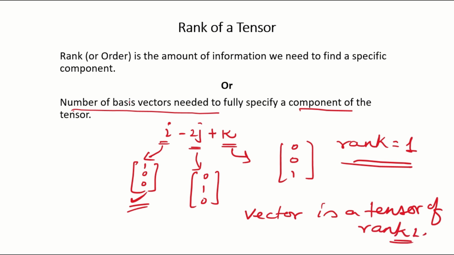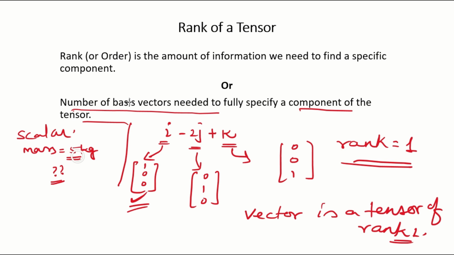Got it? Now if we consider a scalar, let us take the example of mass. So mass equals, let us take, 5 kg. To represent this, how many basis vectors do you need? So 5, this is complete information.